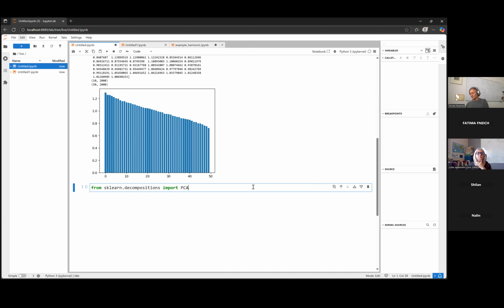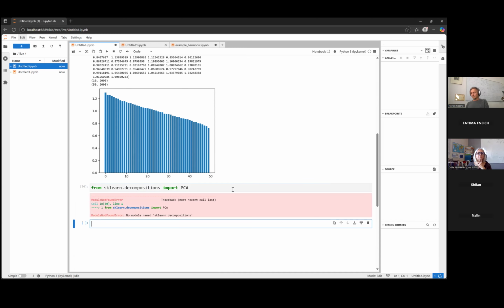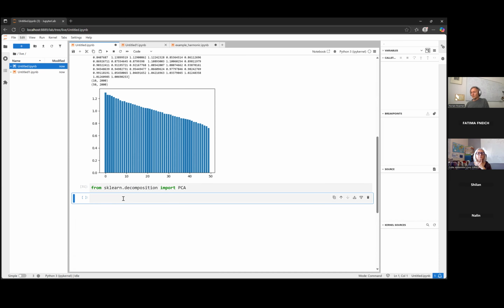So you can just import a PCA like that. And then it is as simple as saying, decomposition, not decompositions. Okay, there we go.